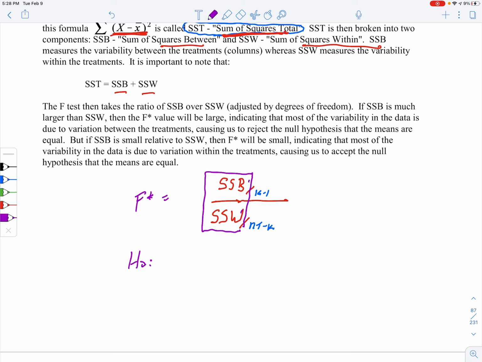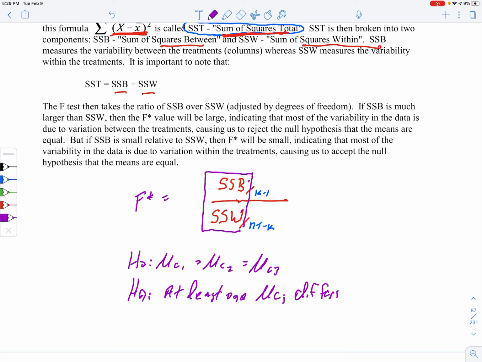So the clubs, H0 that the means are all equal, against the alternative that at least one of the mu's for the clubs, we'll just call it the jth, differs from the others.